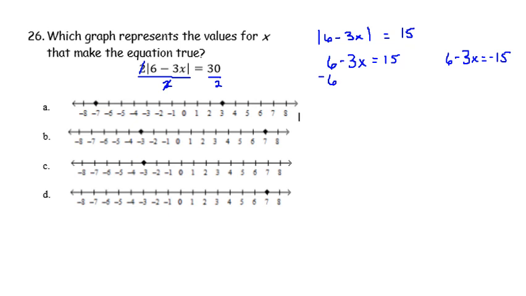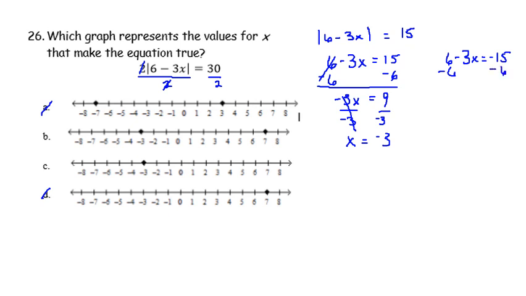So right here we subtract 6. Make sure we bring down a negative 3x equals 9. Divide by negative 3, and we get x equals negative 3. So we see here that it's definitely not going to be A, and it's definitely not going to be D. Let's go ahead and solve the second equation here.